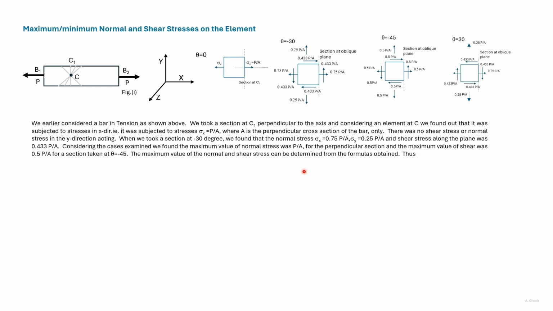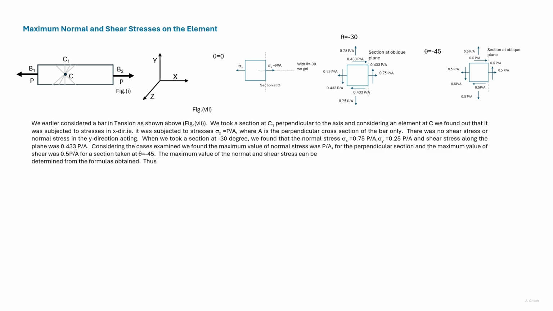And the maximum and minimum shear stress occurs at theta equal to minus 45 and theta equal to plus 45. The planes of maximum normal and shear stress and their values can be obtained using the equations that we determined earlier.